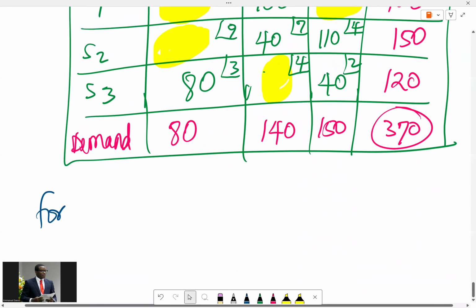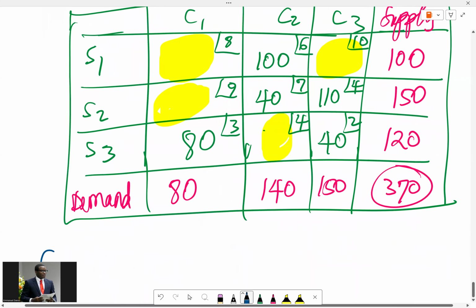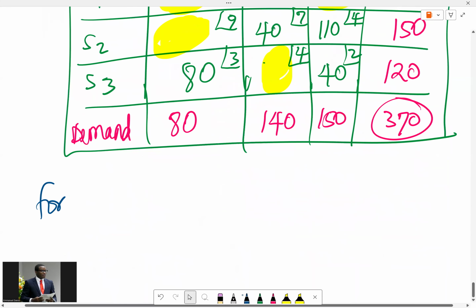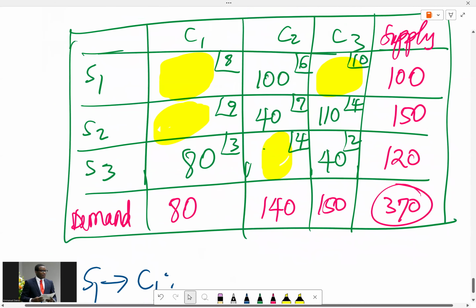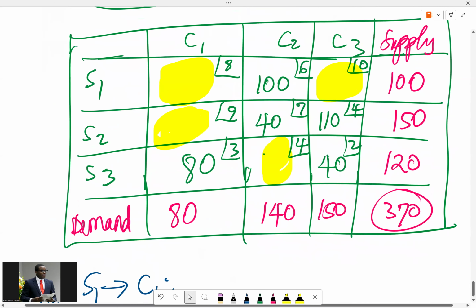So the first one is S1 to C1. Let's look at how the signs go. If we add one here, okay, this is really tricky now.